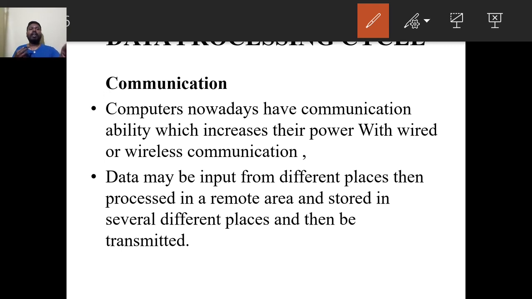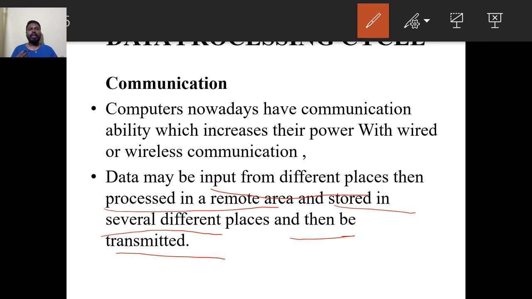Here we are getting data, that is called input, then we are processing, then we are storing, then we are communicating. So here you can see data may be input from different places, then processed in a remote area, stored in several places and then transmitted.